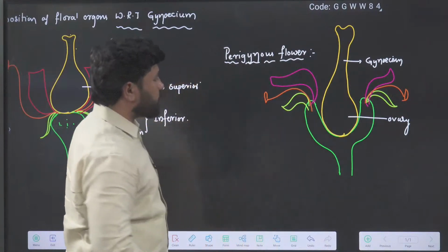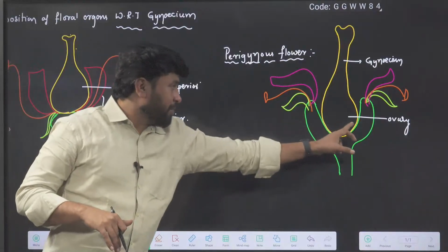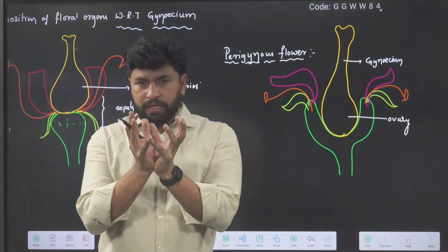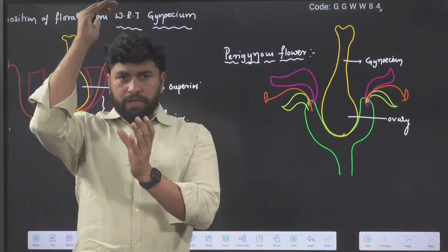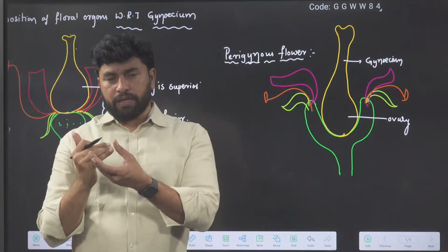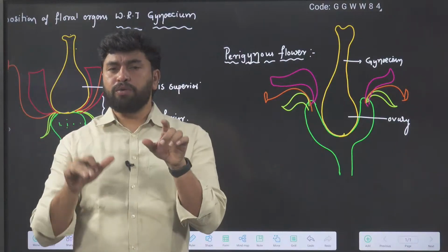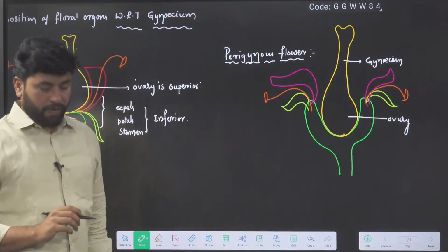All these organs develop around, on the same height as the ovary. Whatever the height of the ovary, the floral organs are not above the ovary, not below the ovary. Floral organs develop at the same height as the ovary. This situation we call a perigynous flower.